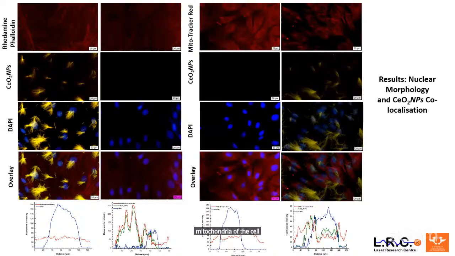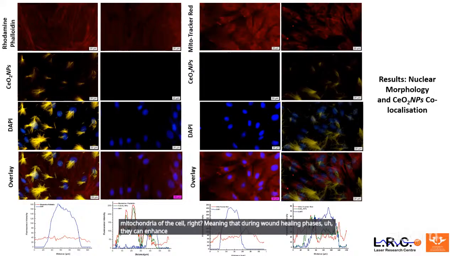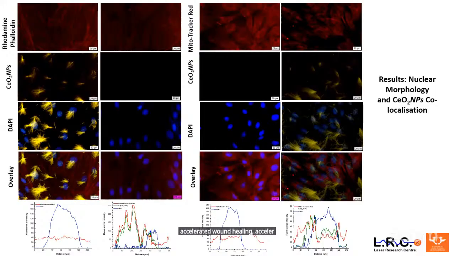Meaning that during wound healing phases, they can enhance the ATP, resulting in a high viability and also proliferation state, in which there is a more accelerated wound healing process for our study.